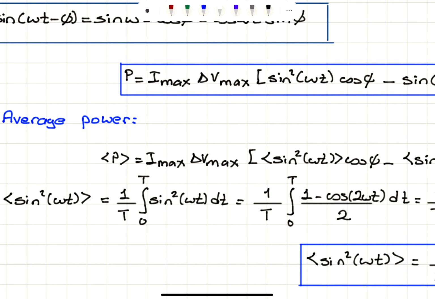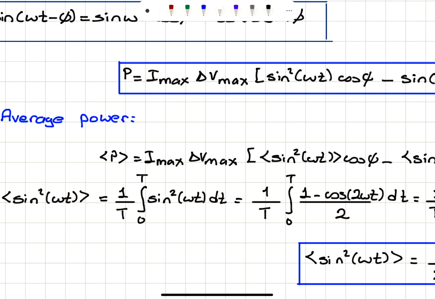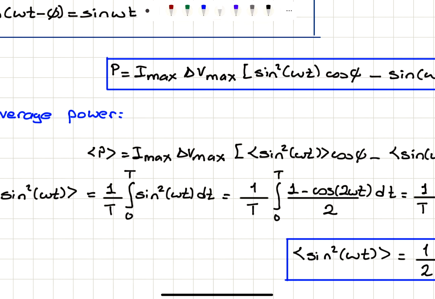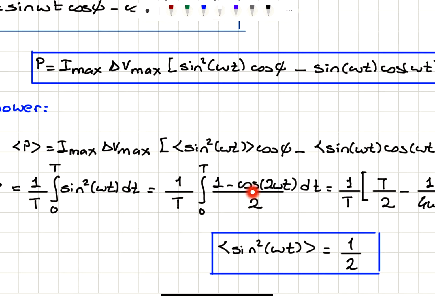So what is the time average of sine squared ωt? Now I know that sine ωt is a periodic function with a period T, so 1 over the period, integral over 1 period, 0 to T, sine squared ωt dt. Now cosine 2ωt is 1 minus 2 sine squared ωt.